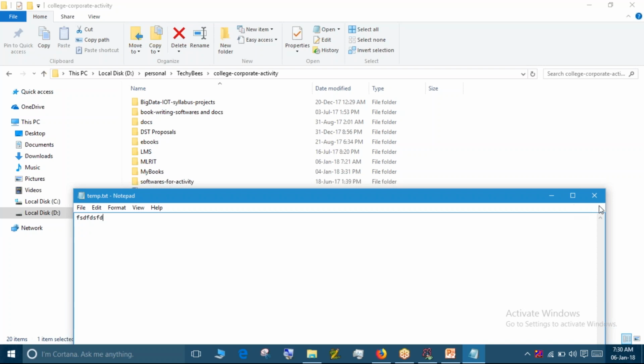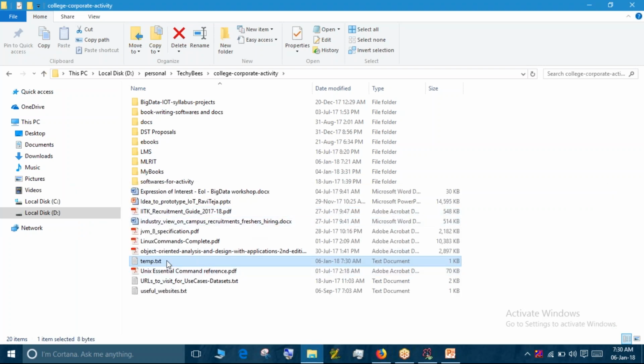I saved it and I go and see now. What is the size now? Tell me. 8 bytes. But if you see, the size is showing as 1 KB here. You notice that? Under size, 1 KB.